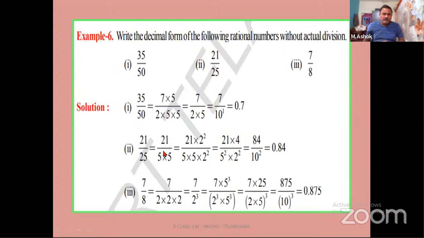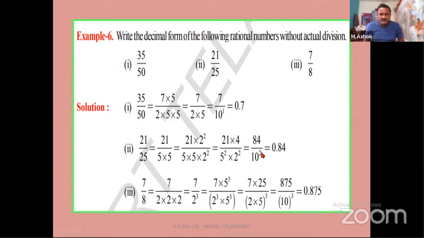So to get 10 square, we need to multiply both numerator and denominator with 2 square. Now 21 by 5 square into 2 square by 2 square. 2 square means 4, so the numerator becomes 84. Look at the denominator: 5 square into 2 square is now 10 square.